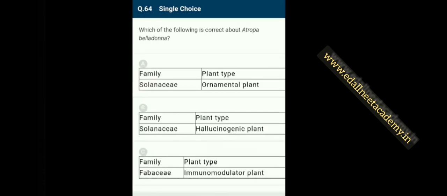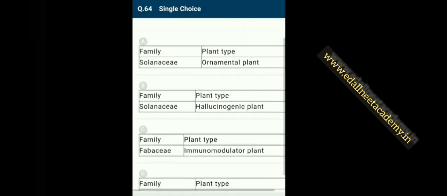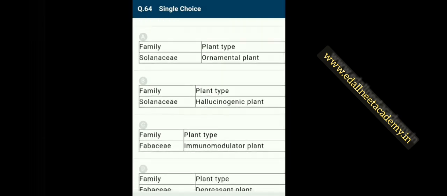Question number 64. Which of the following is correct about Atropa belladonna? Atropa belladonna, common name deadly nightshade, is a perennial plant. It is a poisonous herb belonging to the family Solanaceae, which includes tomato and potatoes. The foliage and berries contain tropane alkaloids, which are considered extremely toxic on ingestion. These toxins have been found to cause delirium and hallucinations.